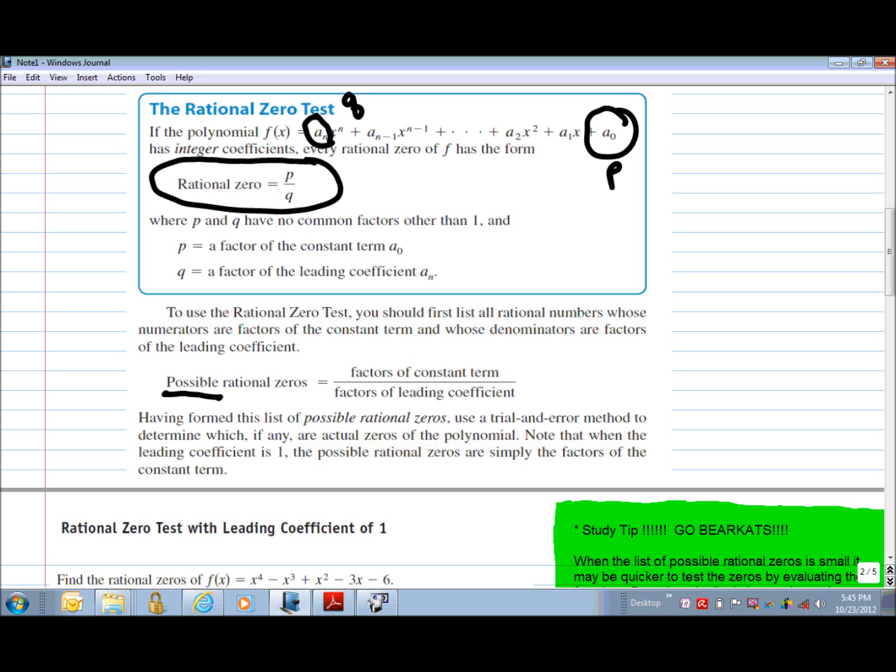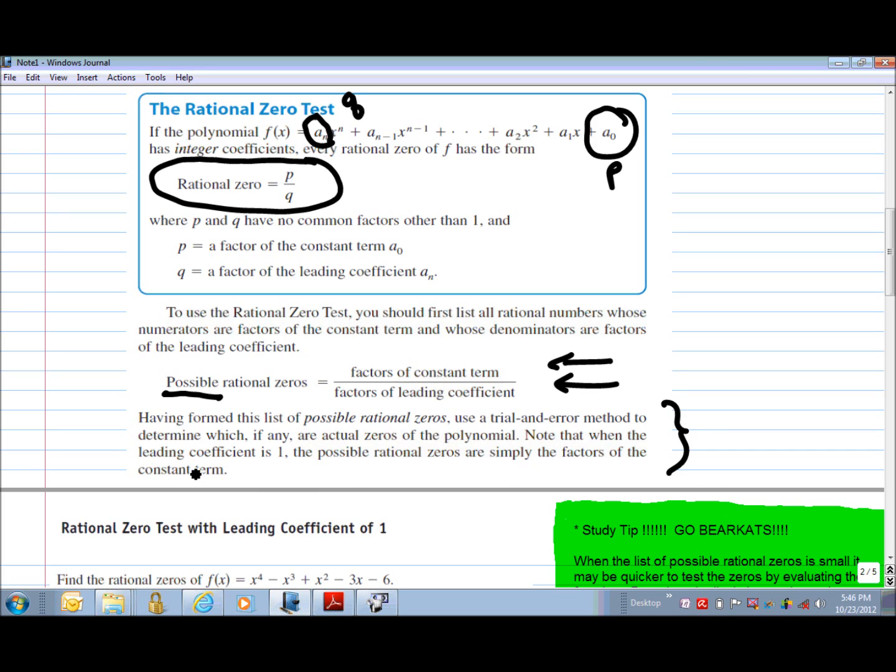You take the factors of the constant term and you divide by the factors of the leading coefficient. Having formed this list of possible rational zeros, then we're going to use a trial and error method to determine if there are any actual zeros of the polynomial. Note that when the leading coefficient is 1, the possible rational zeros are simply the factors of the constant term. Okay, this is really important.